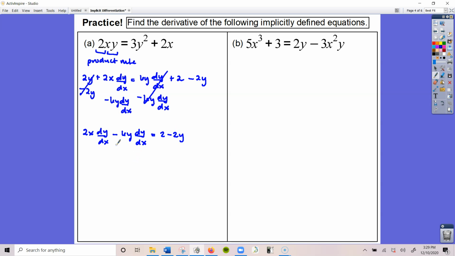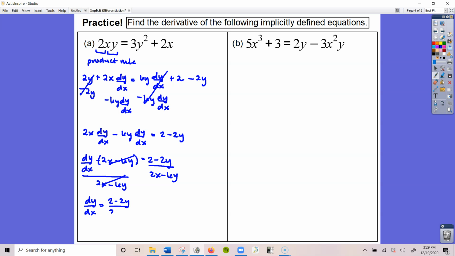And now I'm going to go ahead and factor that dy/dx, which would leave me with 2x minus 6y is equal to 2 minus 2y. And finally, we divide by 2x minus 6y, which leaves me with my derivative dy/dx is equal to 2 minus 2y over 2x minus 6y.